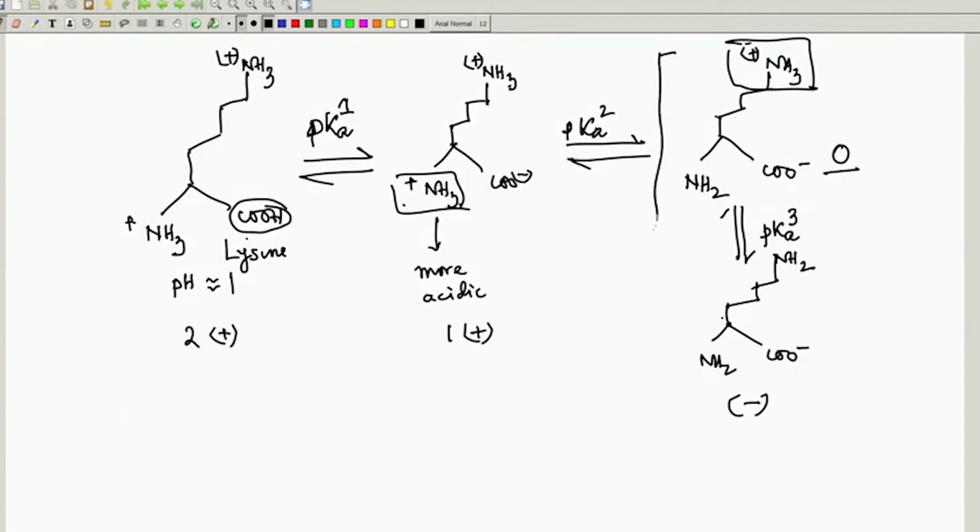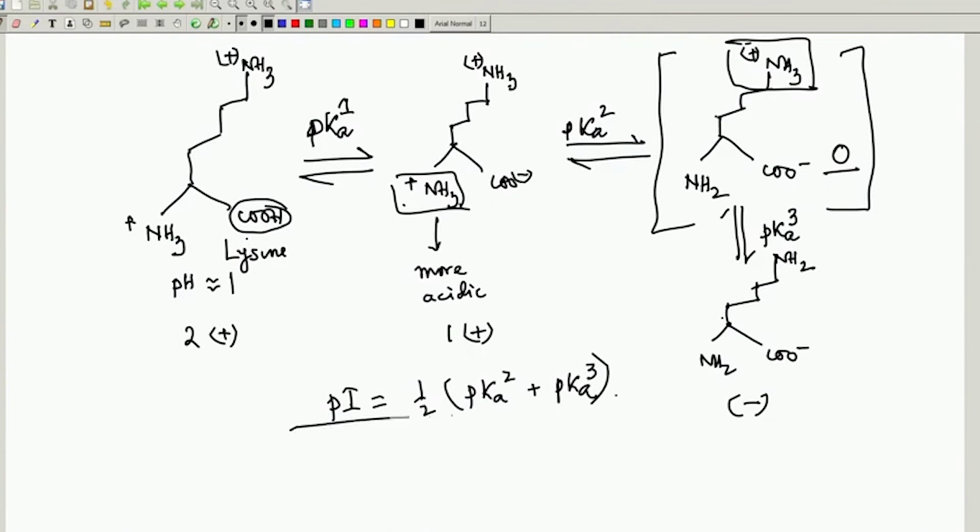Now, this is your zwitterion. And then you take the pKa values from the left side and from the right side. So, in this case pI will be half of pKa2 plus pKa3. Okay. I think this should be clear to you.